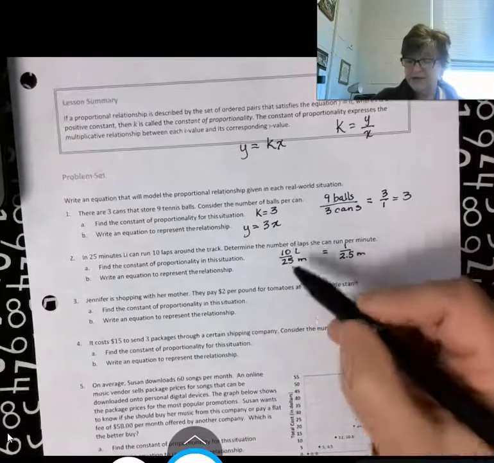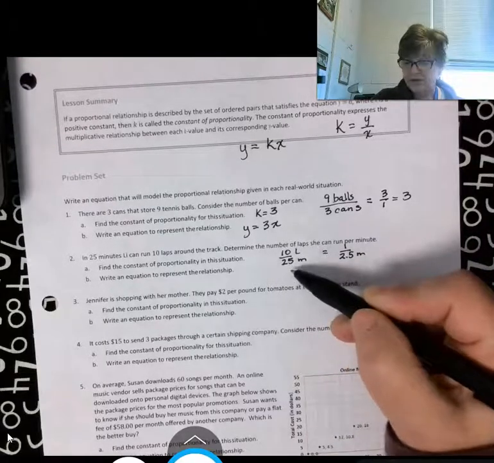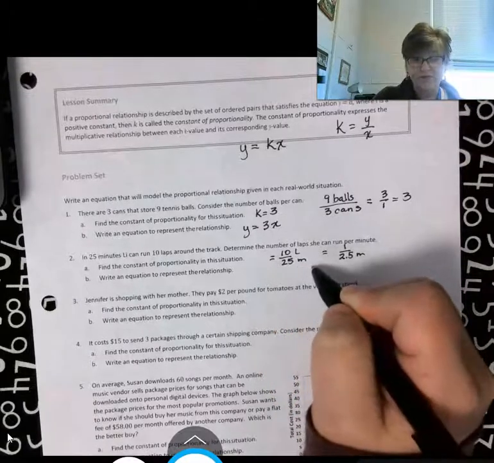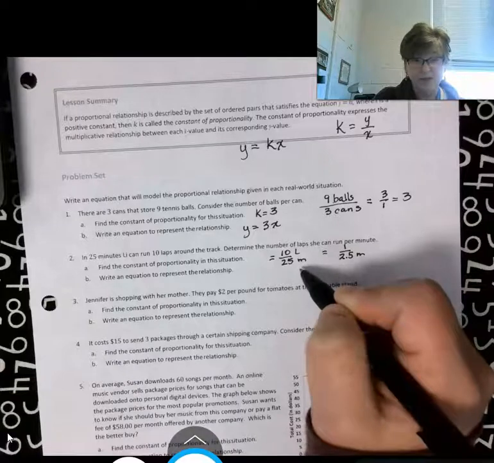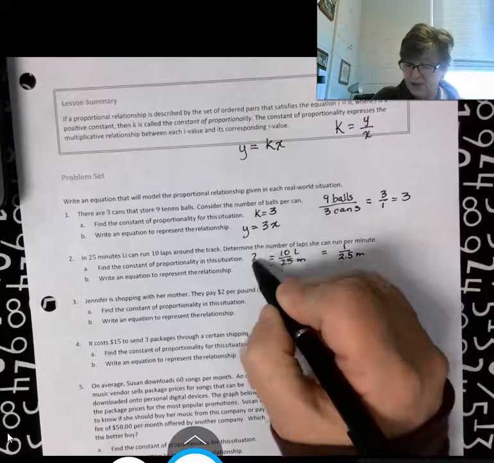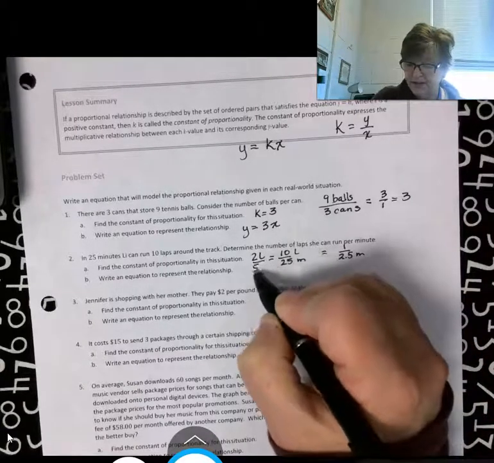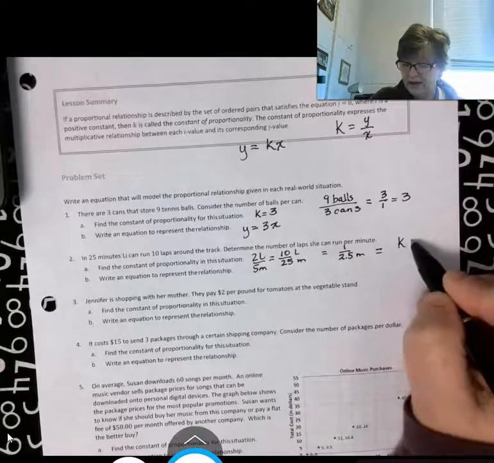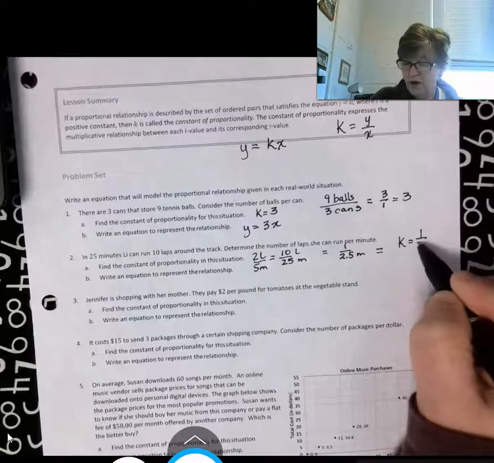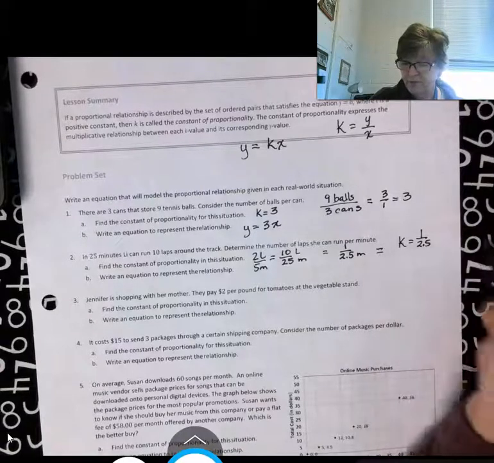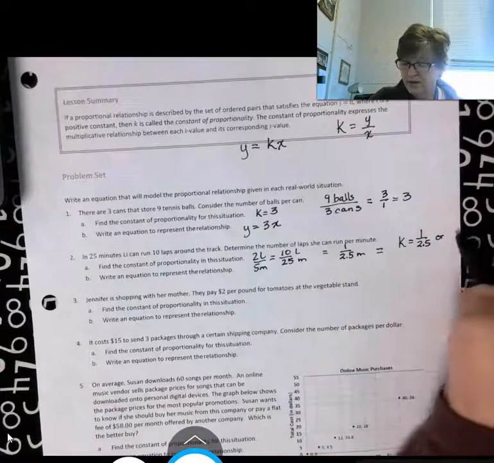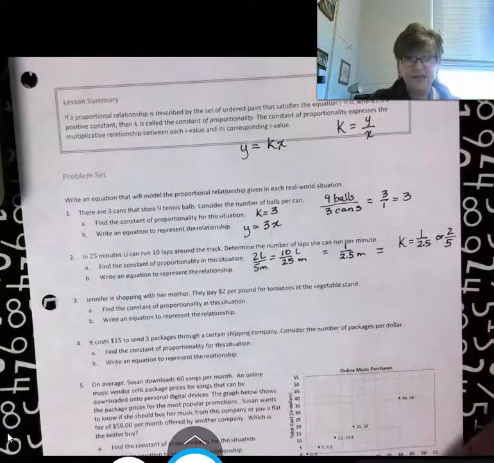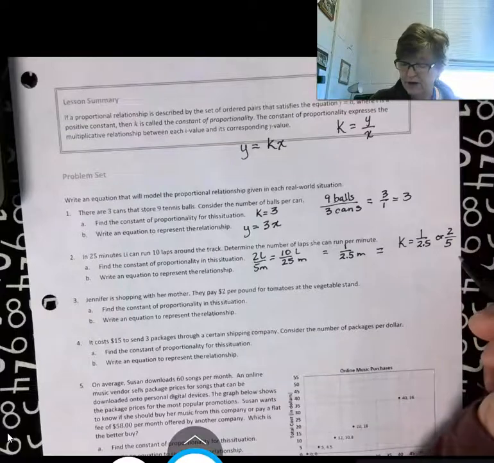You could just simplify your fraction, and 10 laps is to 25 minutes. Both of those can be divided by 5, as 2 laps is to 5 minutes. So either of those can be K. K is equal to 1 over 2.5, or it's 2 over 5. They have the exact same value, just written a little bit differently.